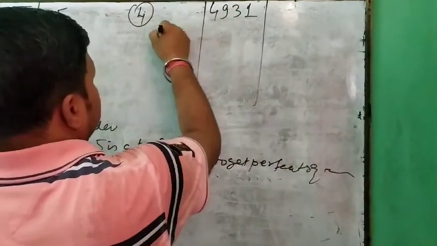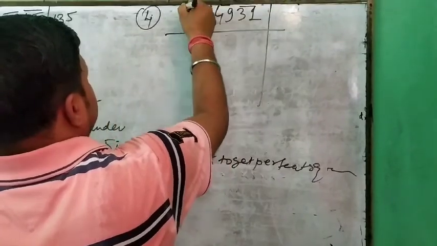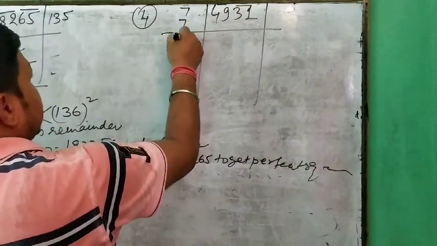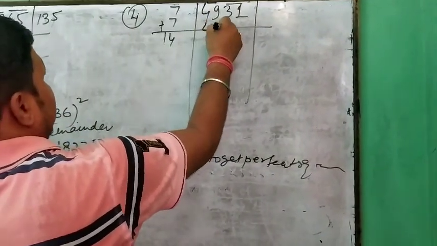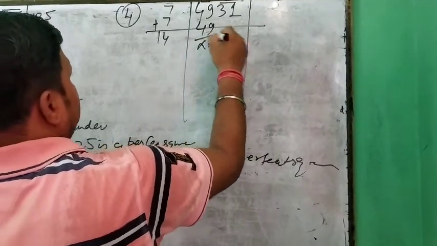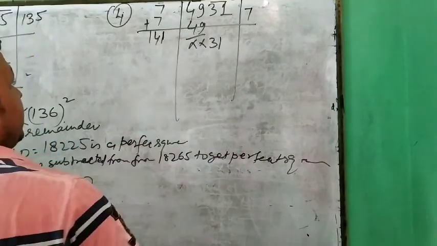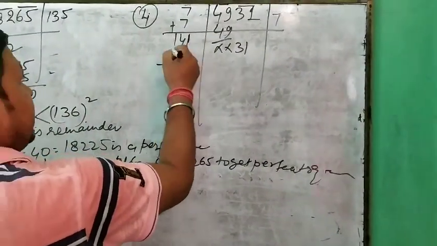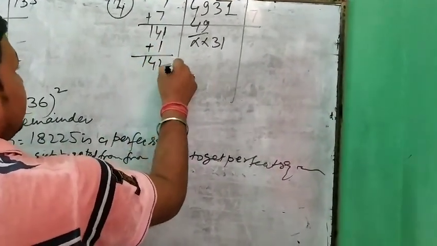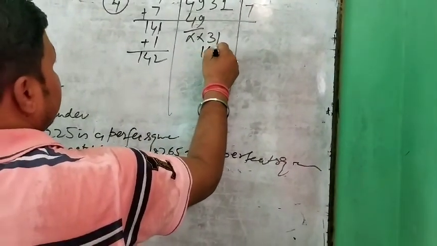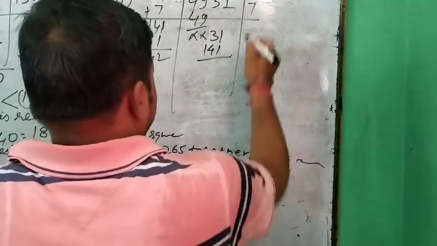Here, 7 7s are 49, then 31, 7. It should be written 1 times minimum, so that 142, it should be written 141 here.